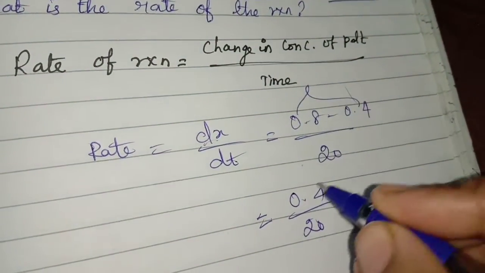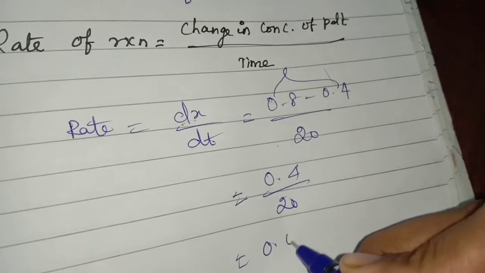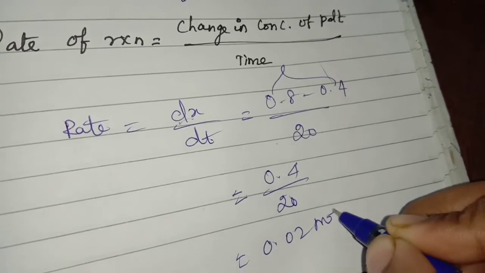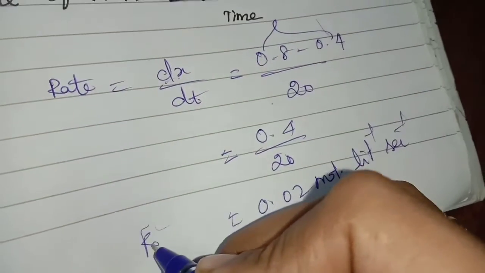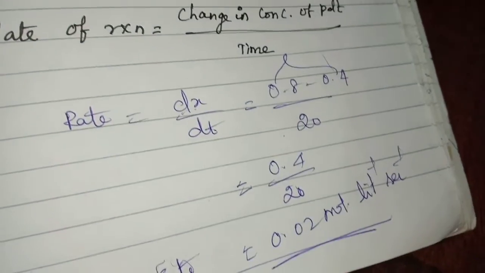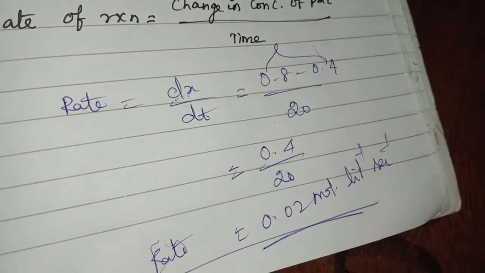We subtract these two, then we get 0.4 divided by 20. So the answer is 0.02 mole per liter per second. So this is the rate of this reaction. Through this formula we can easily find out the rate of the reaction.